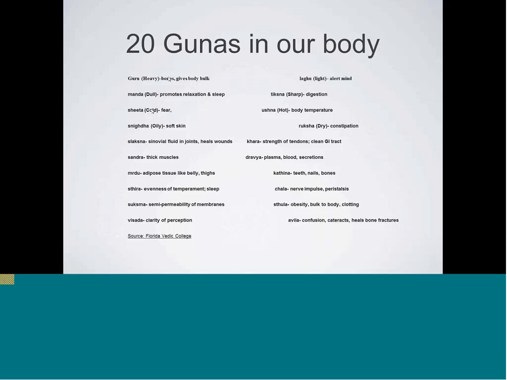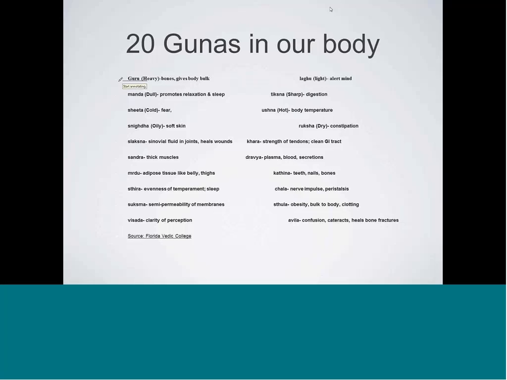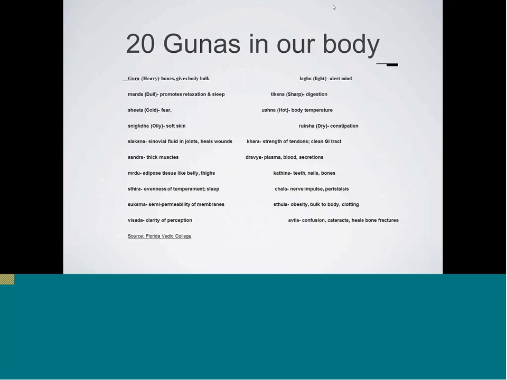So these are the qualities that are manifest. These opposing qualities are manifest in the body. So the dull quality is necessary for relaxation and sleep. The tikshna or sharp quality is necessary for digestion.